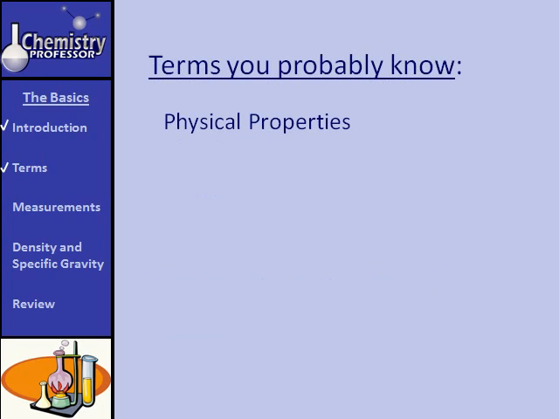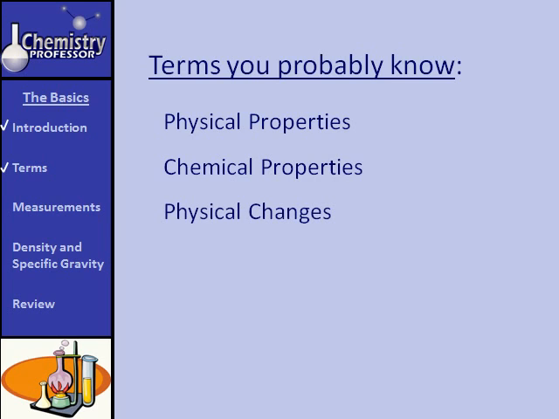What about physical properties? These are properties or descriptions, physical descriptions, such as color, density, melting point, things of this type. Chemical properties talk about the kinds of reactions something might be inclined to undergo: decomposition when heated, reaction with oxygen, instability in an acid, things of that type.